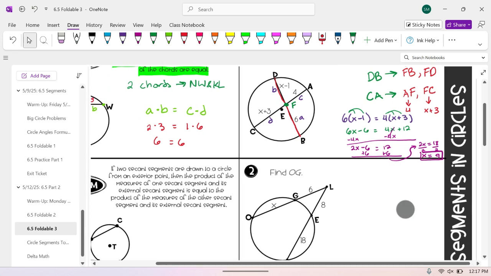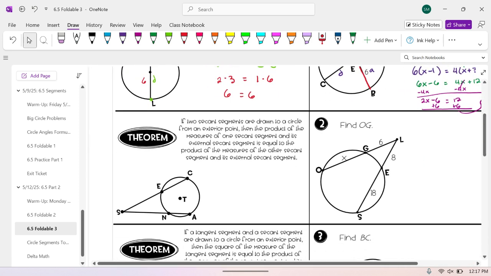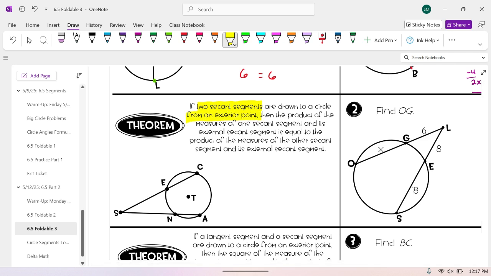Now, the next theorem deals with two secant lines or two secant segments. So if two secant segments are drawn to a circle from the same exterior point, similar to the two tangents that we just dealt with, then the product of the measures of one secant segment and its external segment is equal to the product of the measures of the other segment and its external secant segment.